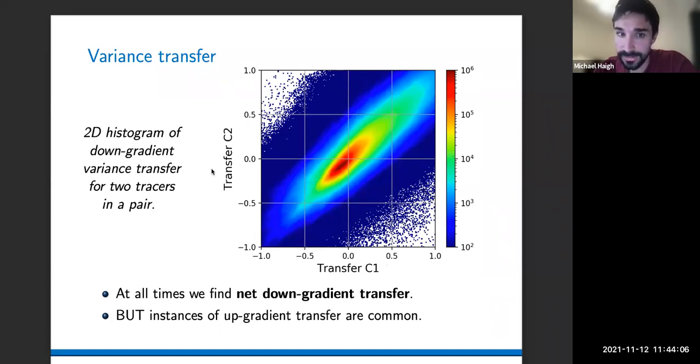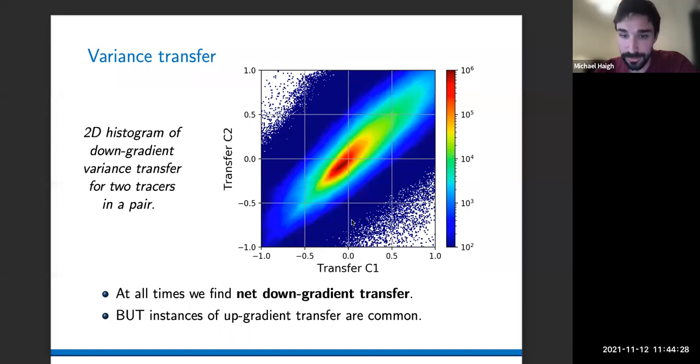On the y-axis is the variance transfer for the second tracer. This is aggregated over all grid points in our upper layer of the ocean for 1 year's worth of data. What you'll notice here is that instances of up-gradient variance transfer by the diffusive flux are extremely common.